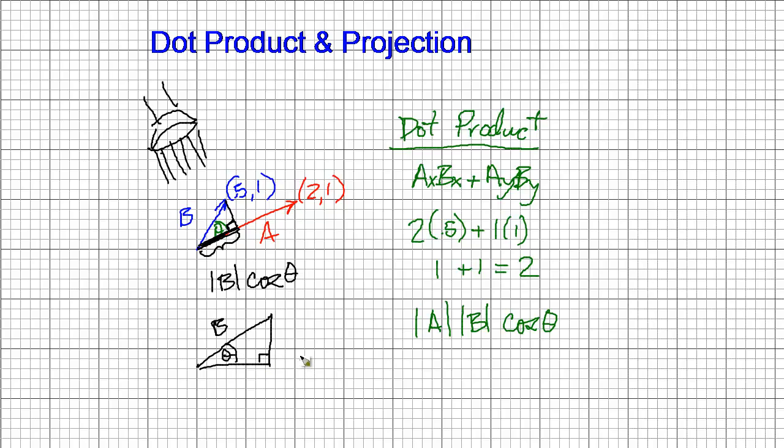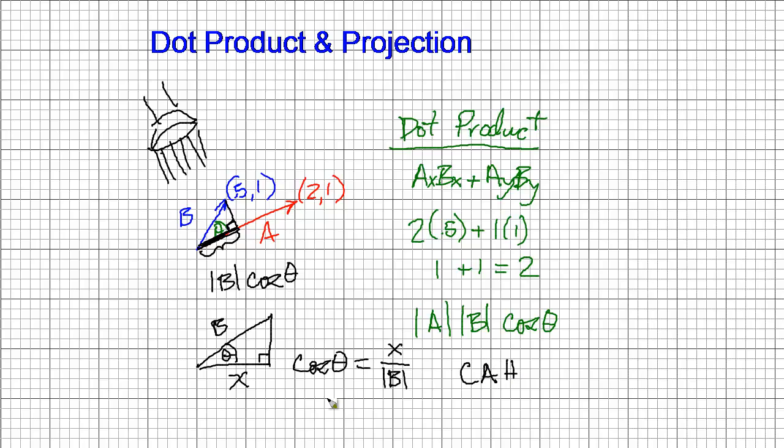We know that the cosine of theta is equal to the adjacent side, which we're going to call x, the unknown here, over the hypotenuse. And how do I know that? We'll call this length of B here. That comes from SOHCAHTOA, the mnemonic for remembering your triangle relationships. So cosine is adjacent over hypotenuse.